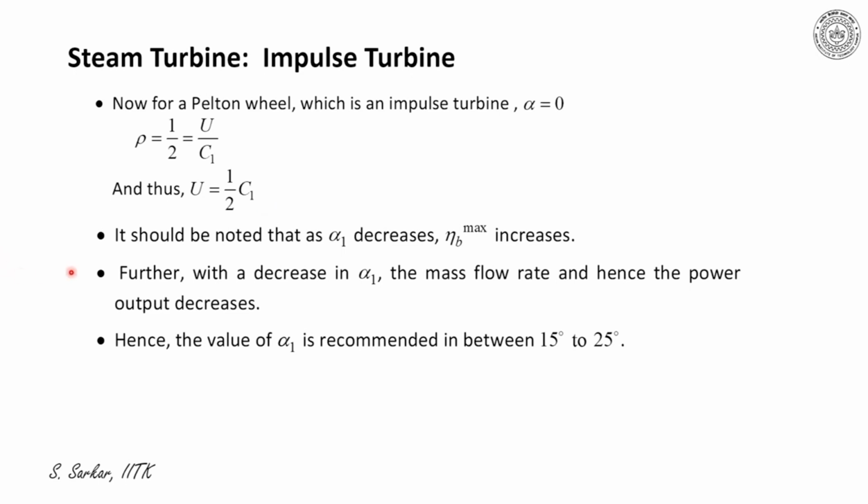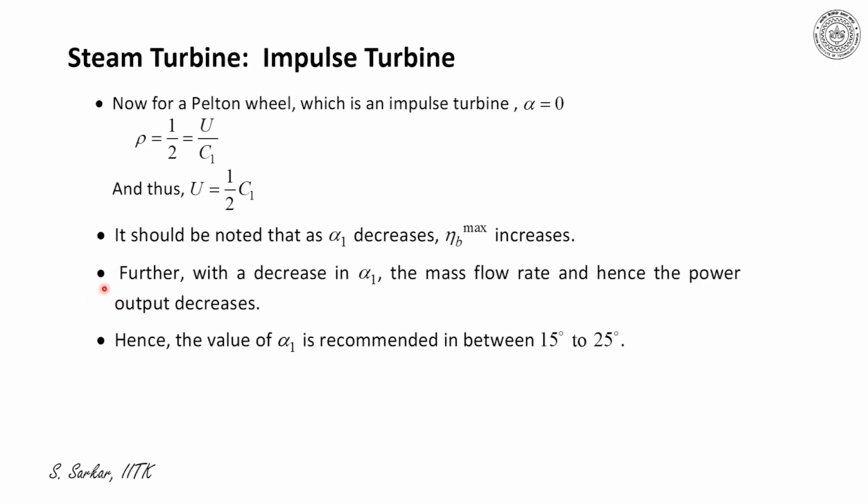Now let me come back to the simple impulse turbine, that is a steam turbine. Now I have already proved eta B max is equal to cos square alpha 1. So it should be noted that as alpha 1 decreases, eta B max increases.